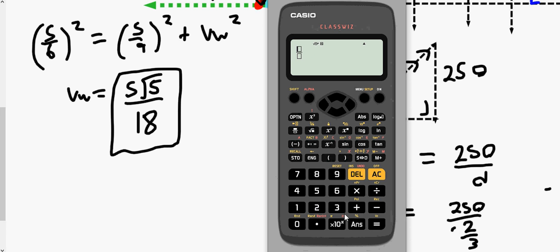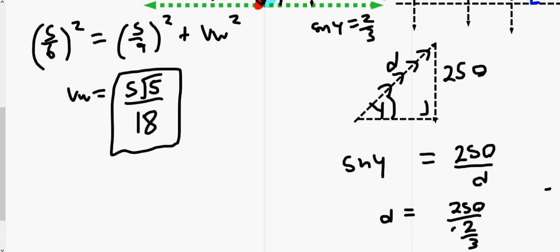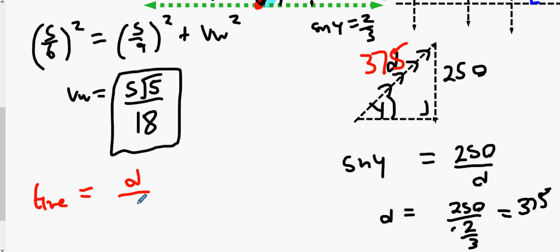Now it's pretty late at night, so I'm not trusting myself with doing anything smart. 375. So she travels 375 meters downstream. Now time equals distance divided by speed, which is 375 divided by 5√5/18.